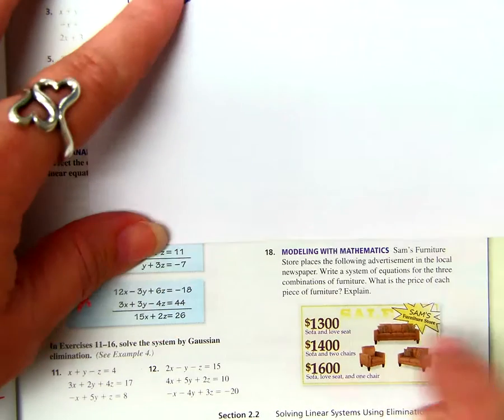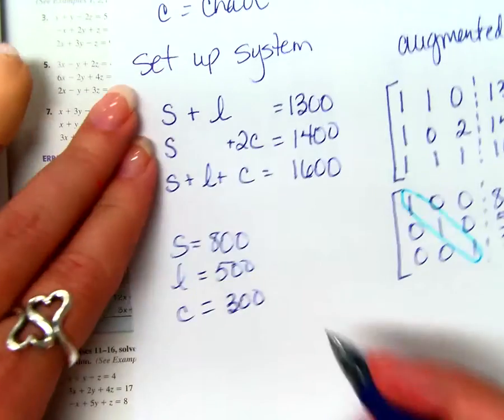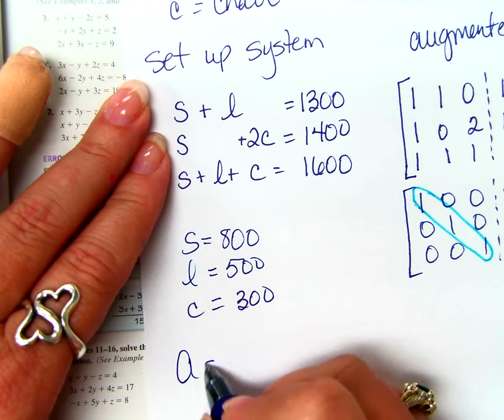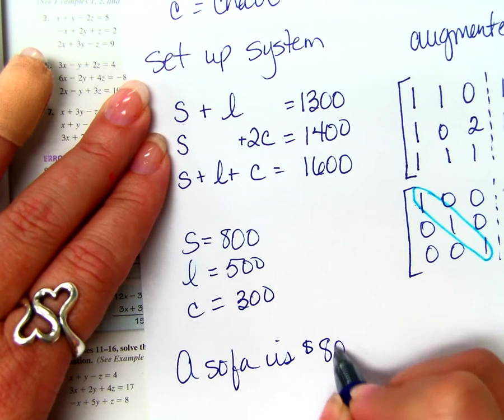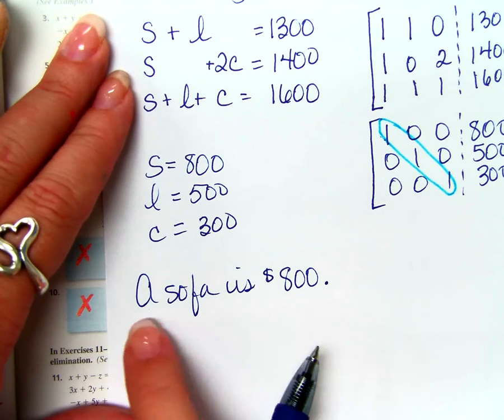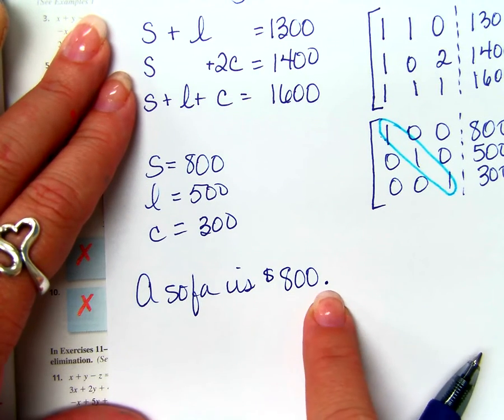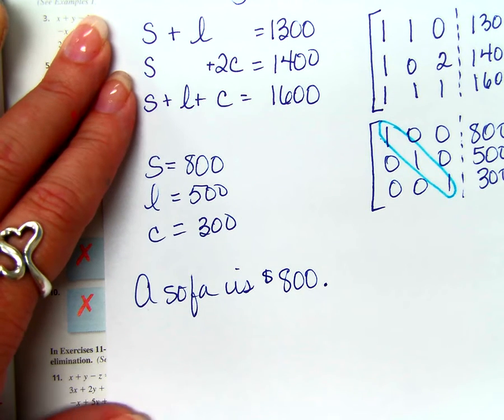Well, what was I trying to find again? The price of each piece of furniture. So I'm going to say a sofa is $800. Oh yeah, that's a sentence, right? Capital letter, punctuation at the end, noun, verb, all that kind of stuff, right?